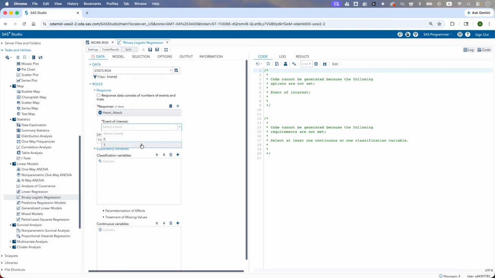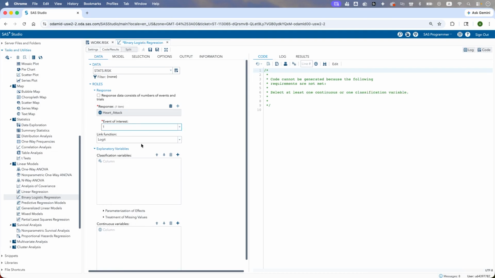The link function is going to be logit; we are going to use the logit transformation. My predictor right now, the one I'm using to predict heart attack, is just gender. The question I'm asking is: does gender predict the likelihood of having a heart attack or not? This is the simple question. Does it matter whether a person is female or male?